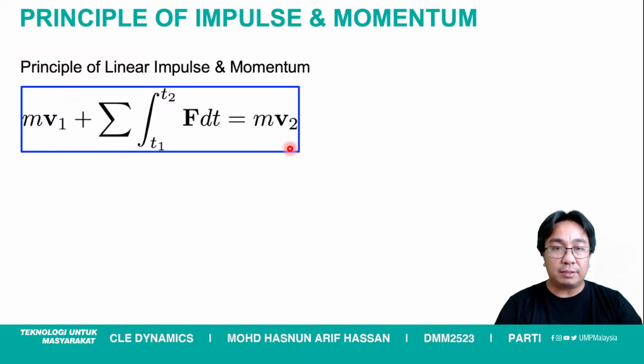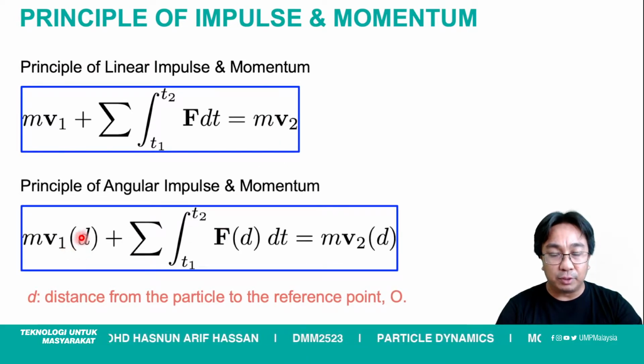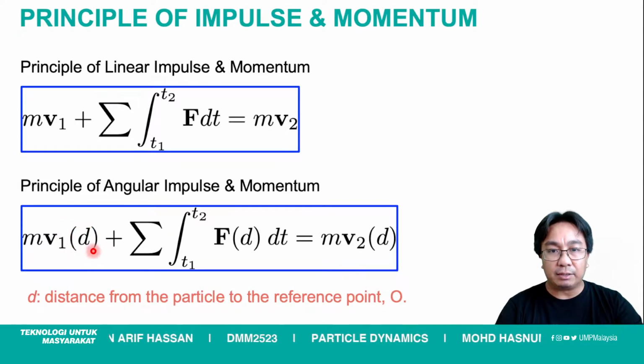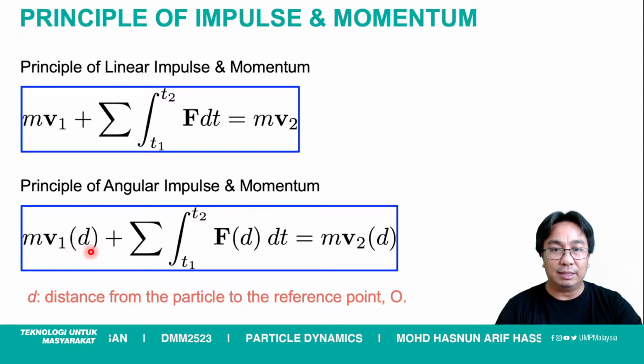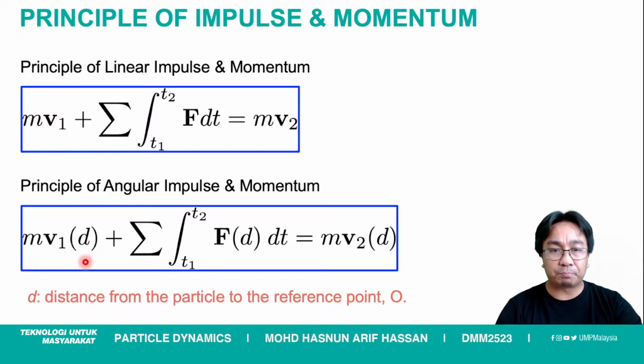Now for the principle of angular impulse and momentum, you are going to put another parameter here, which is the distance D, and then this will become the angular momentum.